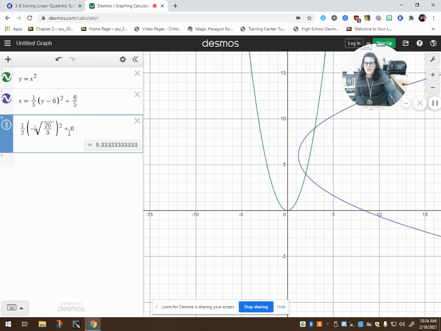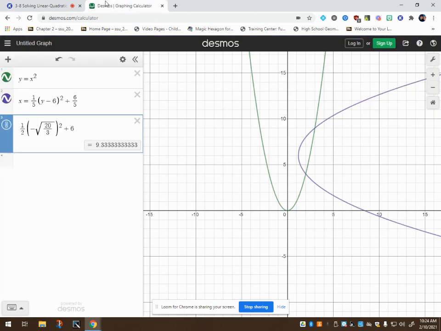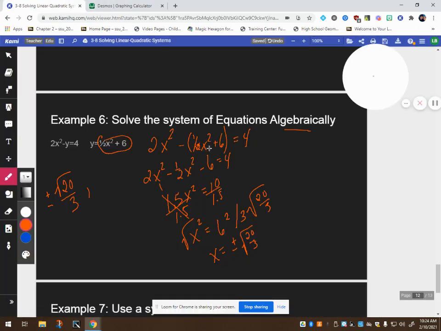So my y value when x is the square root of 20/3 is 9 1/3. So the x value is the square root of 20/3 plus or minus, and the y value for both is, what was it, 9.3 repeating, so that's 9 1/3, which would be 28/3, if we're being consistent with our fractions. So those are my two ordered pair solutions.